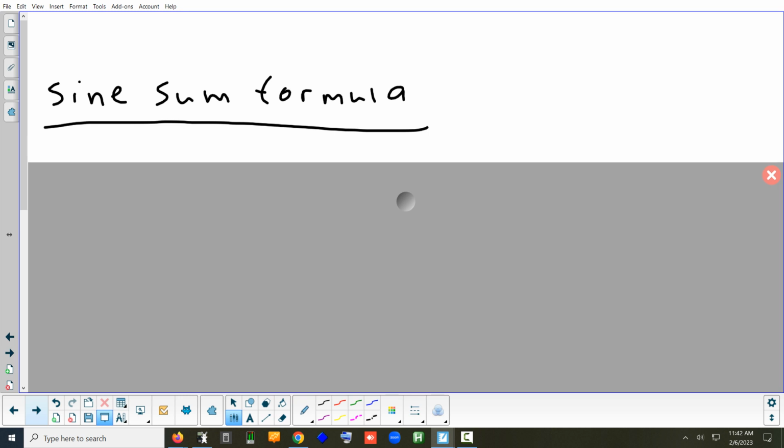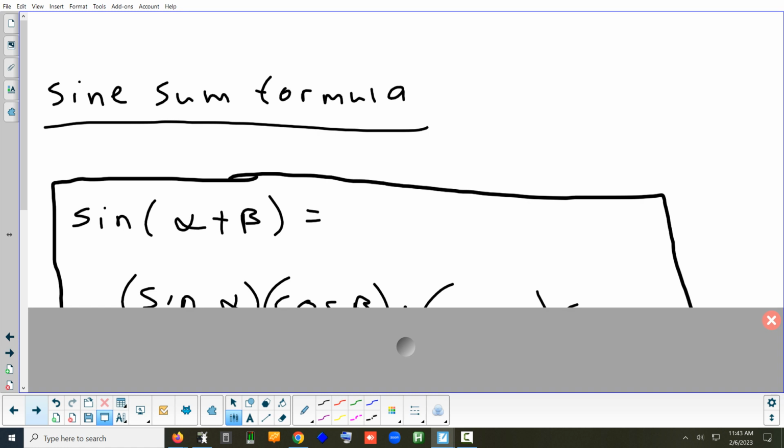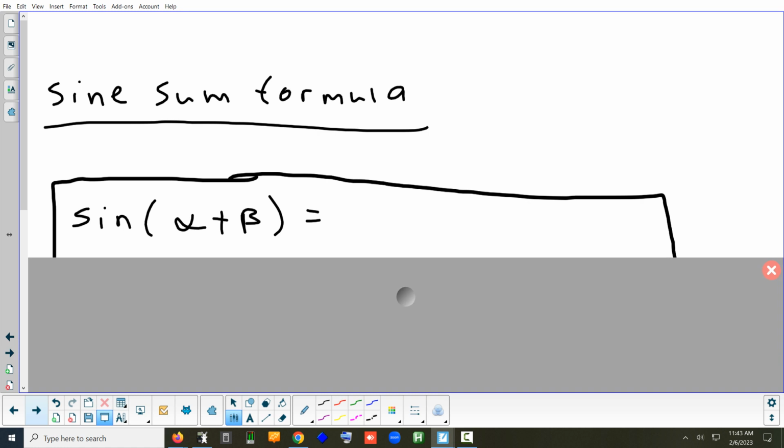All right, now I want to figure out the sine of a sum. And there's something we did earlier that would help us to figure this out.